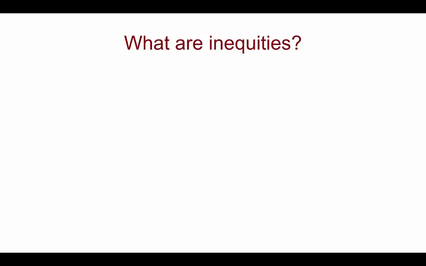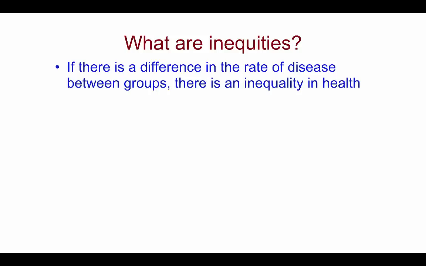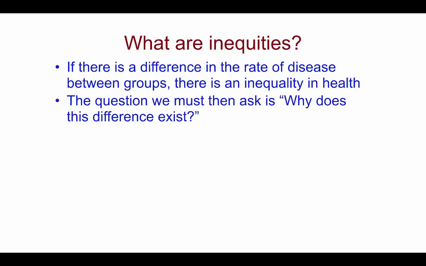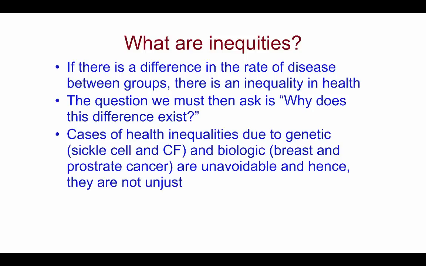So what are inequities? If there is a difference in the rate of disease between groups, there is an inequality in health between those groups. The question we must then ask is, why does this difference exist?